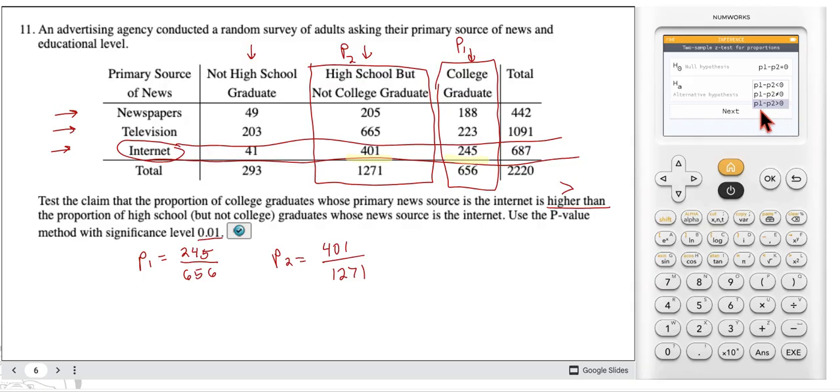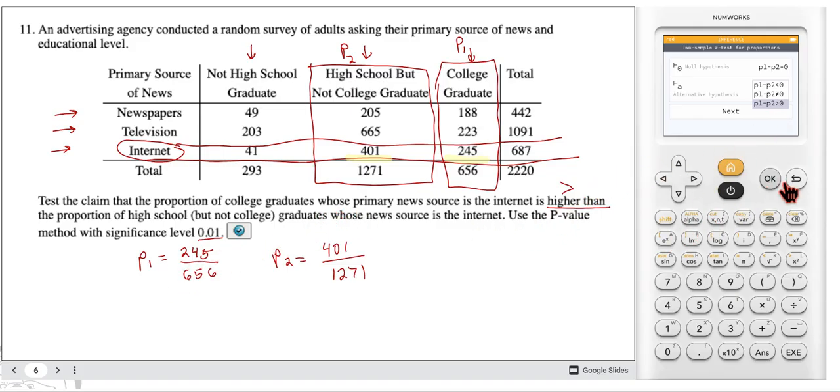And again, we just have to be careful which one is P1 and P2. If you read it from the table, you might, and I did this the first time, say, oh wait, that's wrong. So we have to read the question. They're talking about college graduates first, so those would be our proportion one.